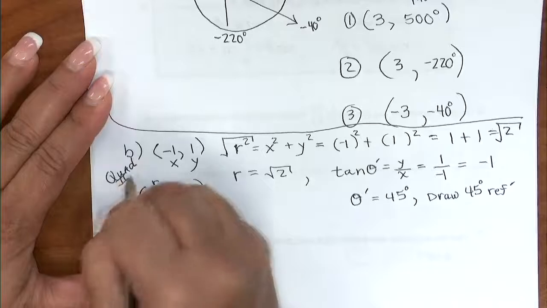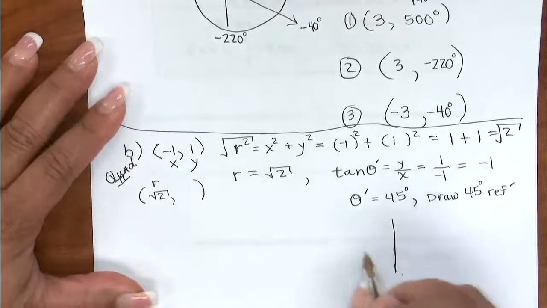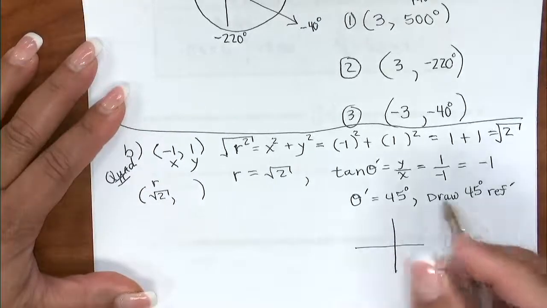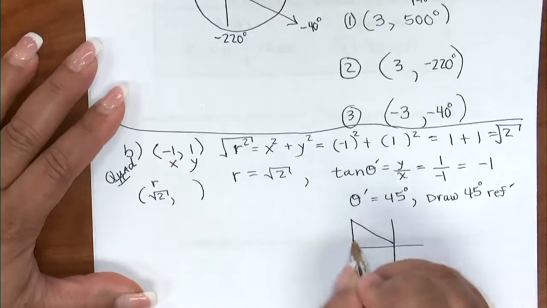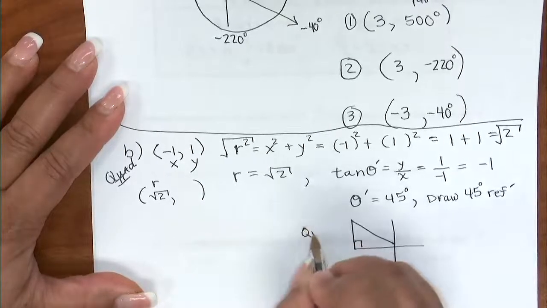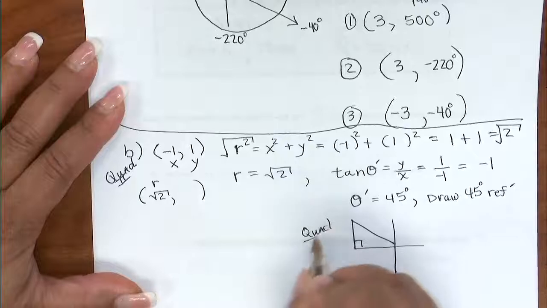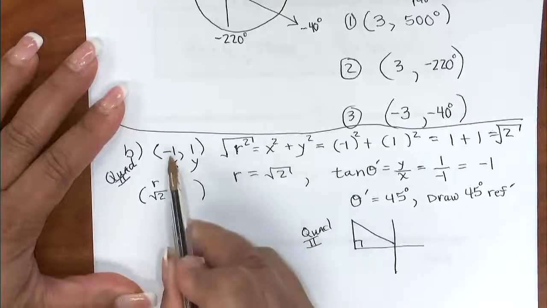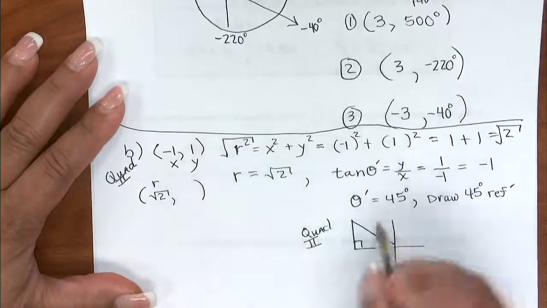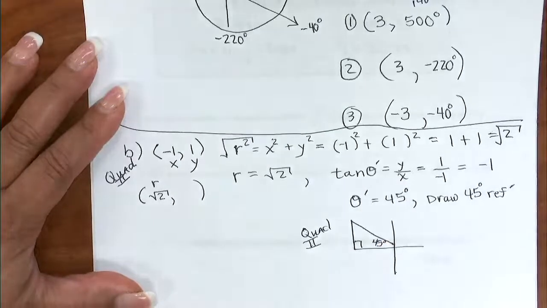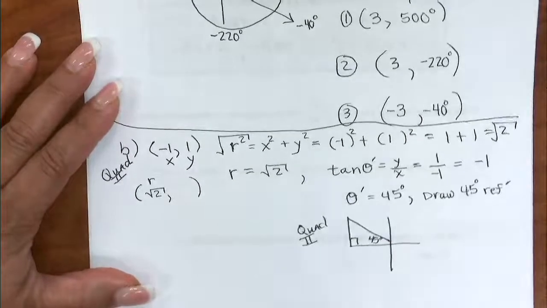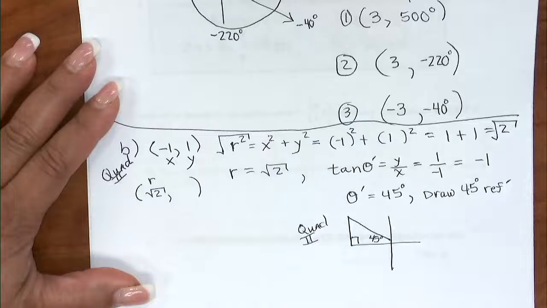So when I say draw that reference angle, I don't mean anywhere you want. I mean go and draw your triangle in the quad you're supposed to be in, quad 2, which again was told by this story right here. Put the 45-degree reference angle. You already know that the tan is what it's supposed to be.